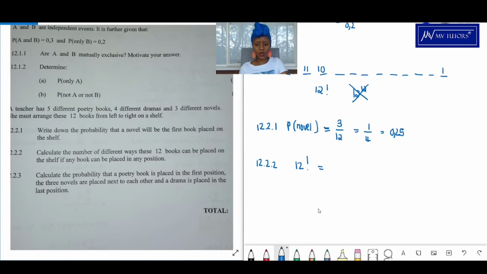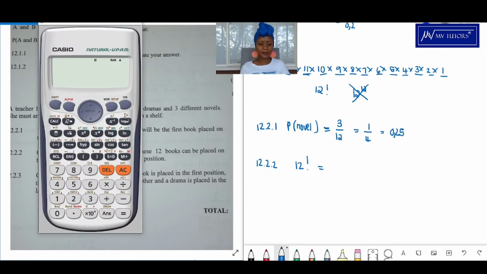Okay, we have 12, 11, 10, 9, 8, 7, 6, 5, 4, 3, 2, and you're multiplying this. So factorial just means you're multiplying. Now, instead of us doing this all the time and wasting time, imagine putting this in your calculator, 1 times 2 times 3 until 12. That's going to take forever. So what we do use is the factorial.